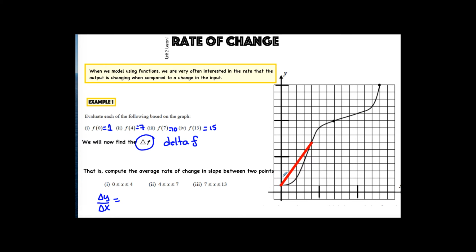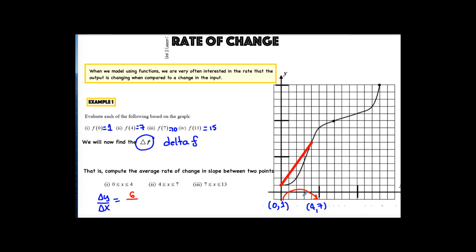Or her. So anyway, the change in y means how do the y values change? Well, when I put a 0 in for x, out came a 1. And when I put a 4 in for x, out came a 7. So this is how I look at it. 1 changed into a 7. That means the change from 1 to 7 is a positive 6.